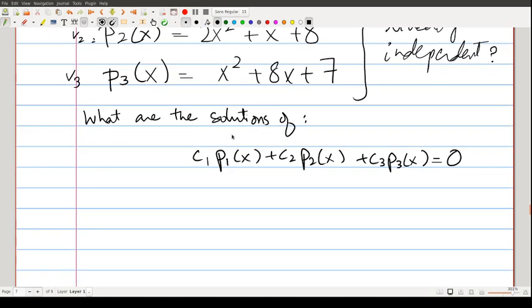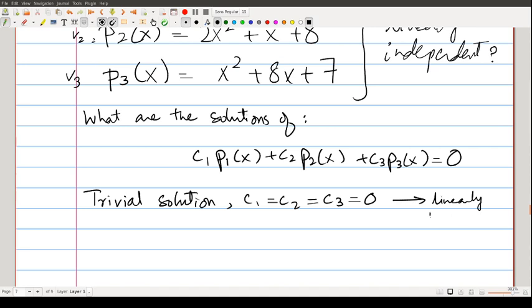And so if you get only the trivial solution, that is c1 equals c2 equals c3 equals 0, then you have linearly independent vectors.